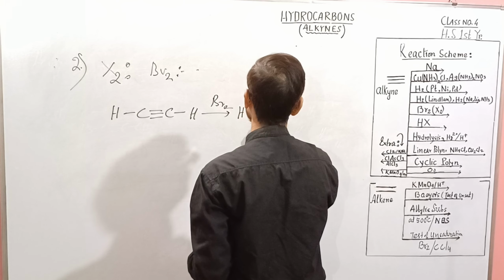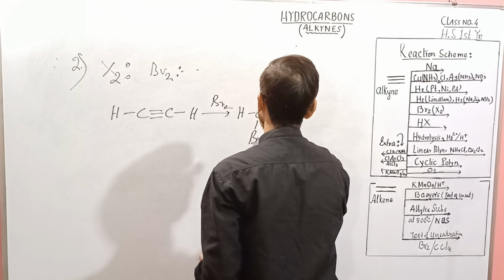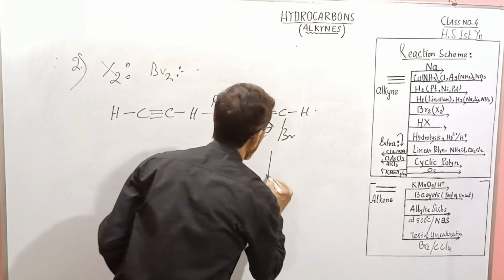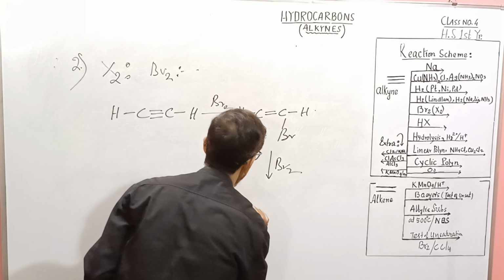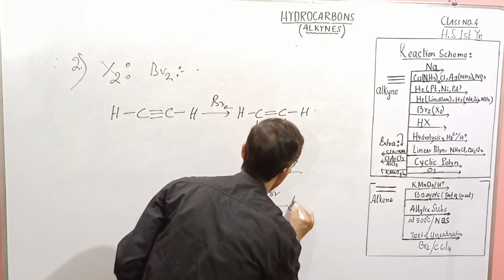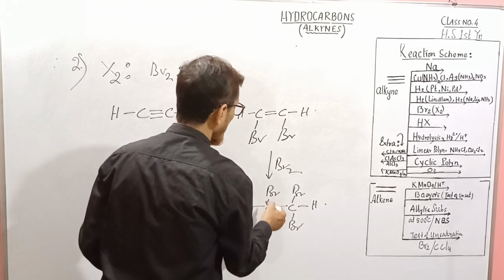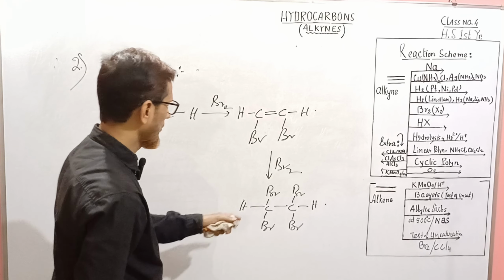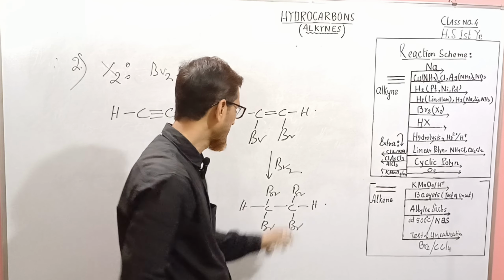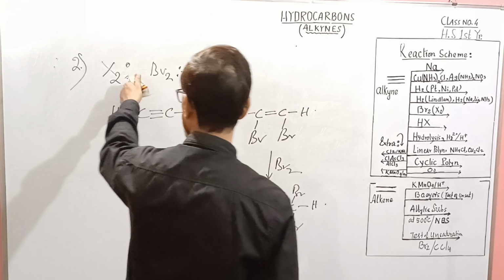Two bromines will get added in this way, and further another bromine will add. So your answer will be 1,1,2,2-tetrabromoethane. Am I right? So this is the addition of halogen.